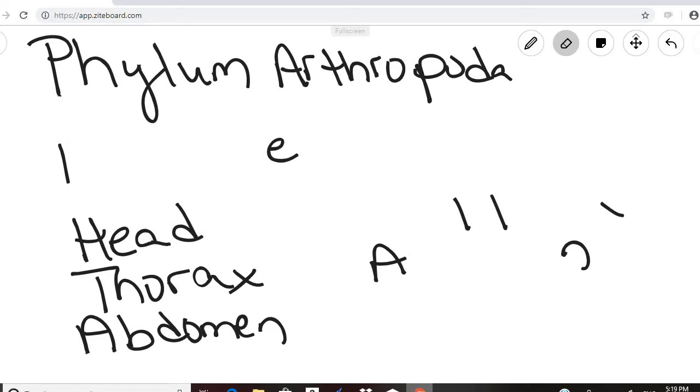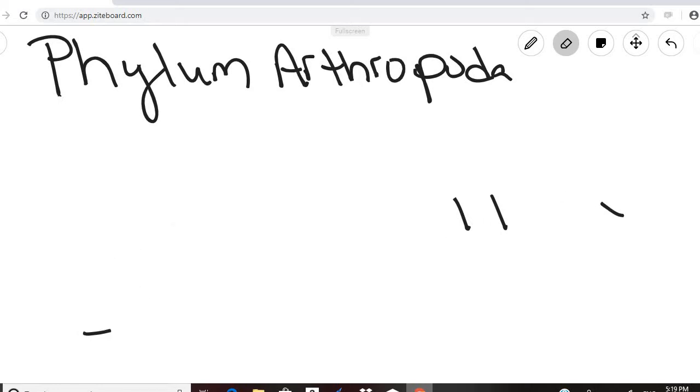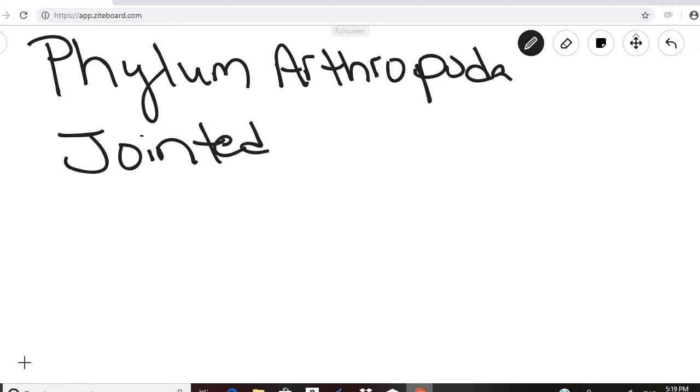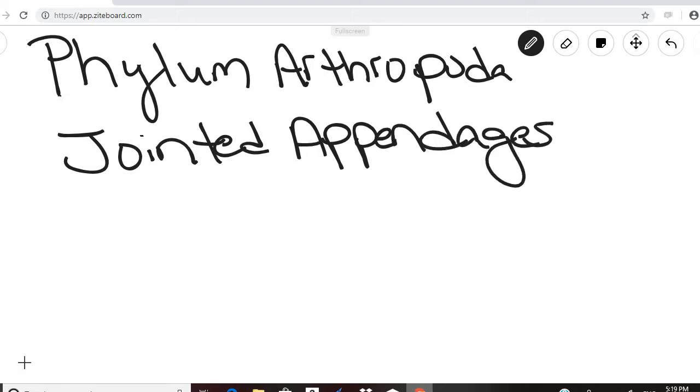Another characteristic of animals in phylum Arthropoda is that they have jointed appendages. So their legs are jointed, and their antennae are also considered appendages, and those are jointed too.